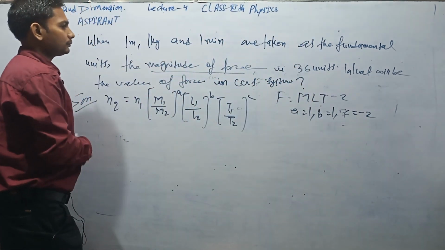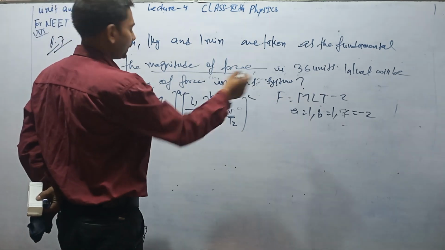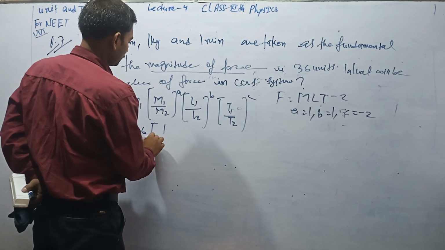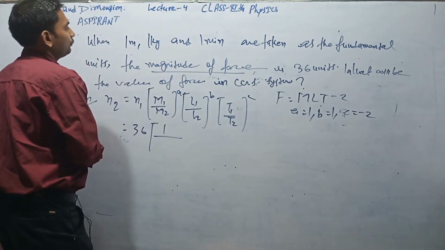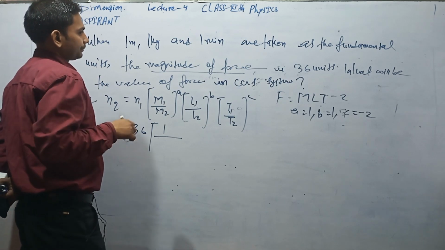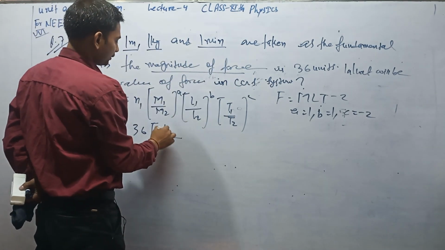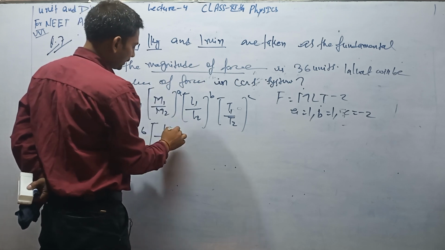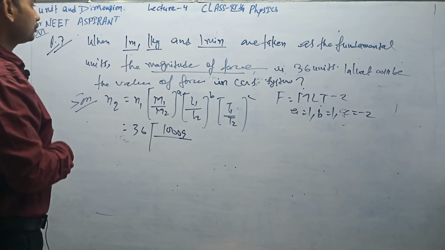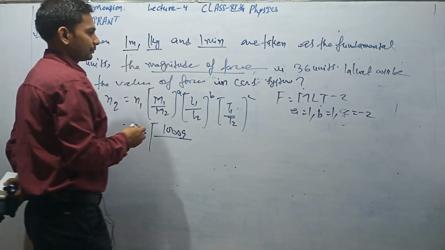So n1 here is given as 36 units. M1 is 1 kg, L1 is 1 meter, and T1 is 1 minute. What will be the value in CGS system?